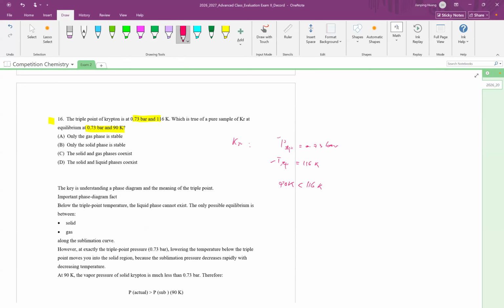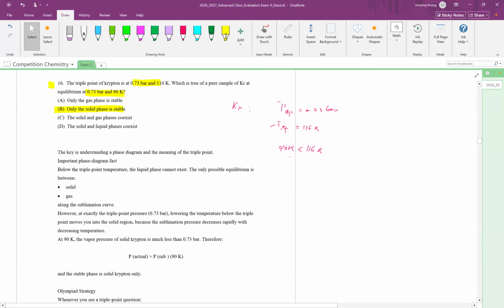So that is below the triple point. Are you with me? That point is below the triple point, and also it's on the low temperature side. So it's only solid. Below the triple point, on the low temperature side, only solid will exist.